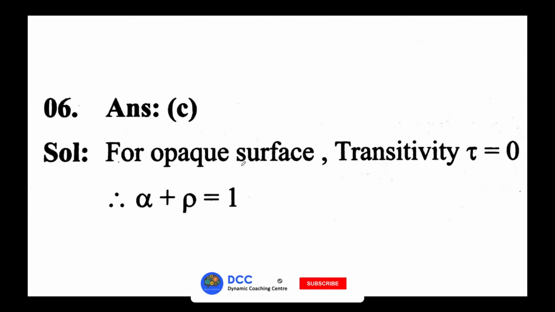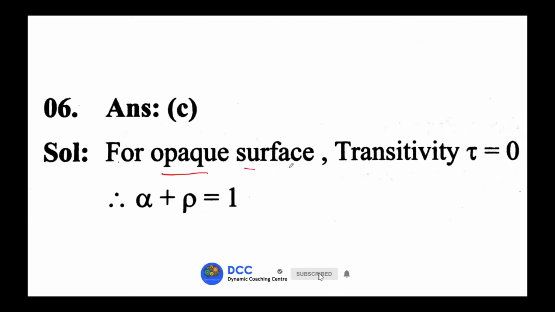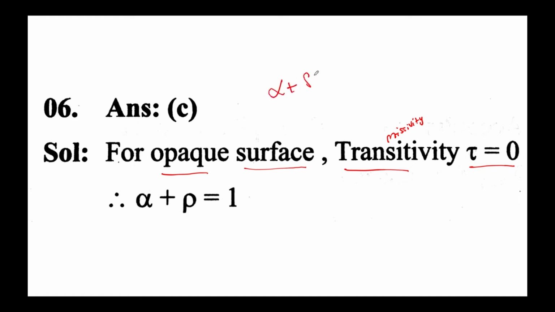It's very easy. We know that for an opaque surface, there is no chance for transmissivity. So I can say that the term tau will be equal to 0. We know that in general alpha plus rho plus tau should be equal to 1.